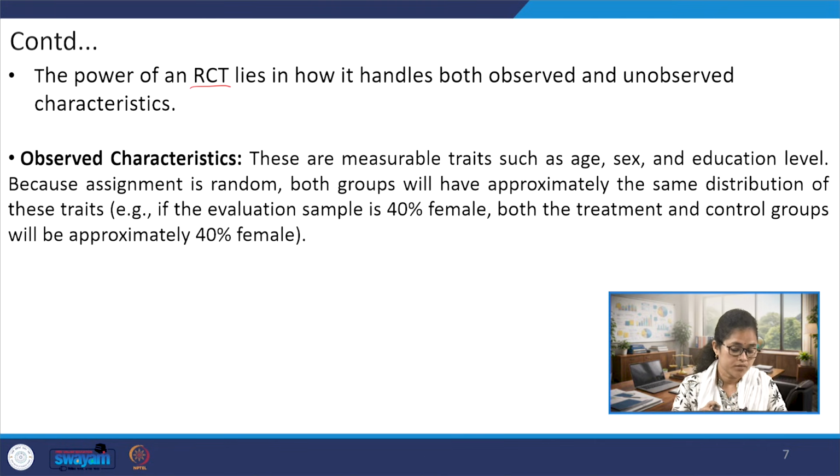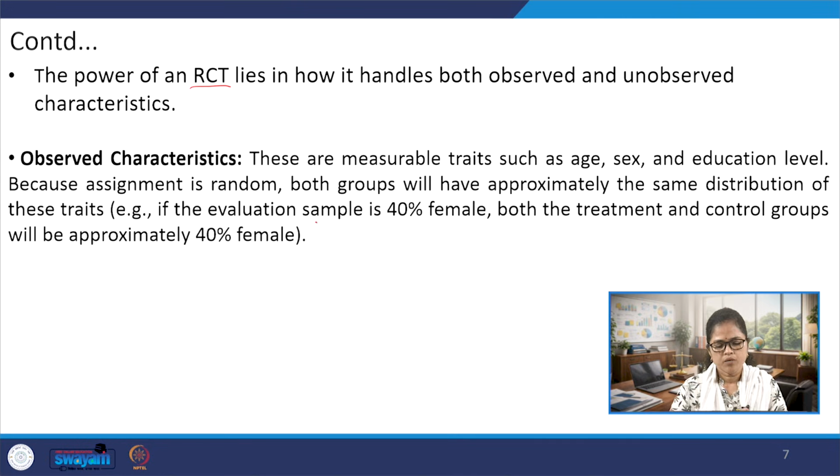So these are some of the essential things that we need to take into account while doing this experiment. Okay, so the first is your observed characteristics. That needs to be similar across the groups, and unobserved characteristics also need to be similar across groups. So I am just taking an example.